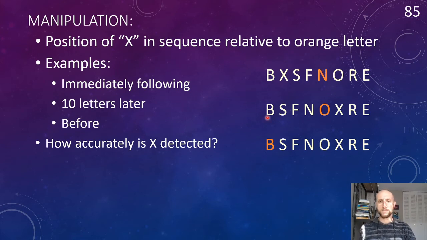On the second one, you report this, right? Because now on the second task, I asked you to report the orange letter, and then you should have also reported the X. Now, what probably happened on that second one, when you had to report the orange O, is you probably missed reporting the X.